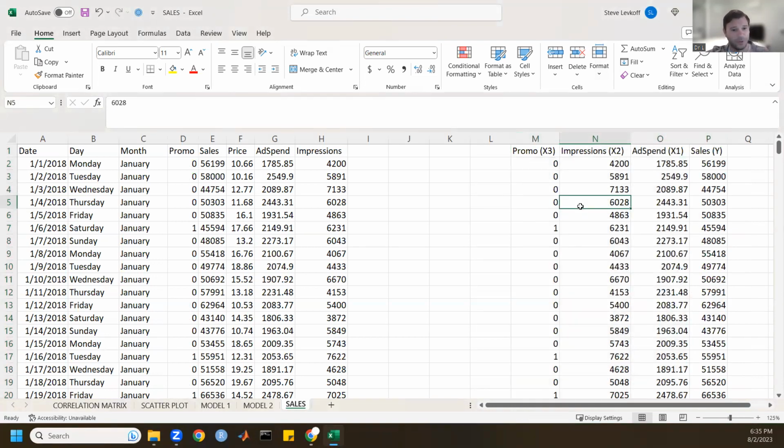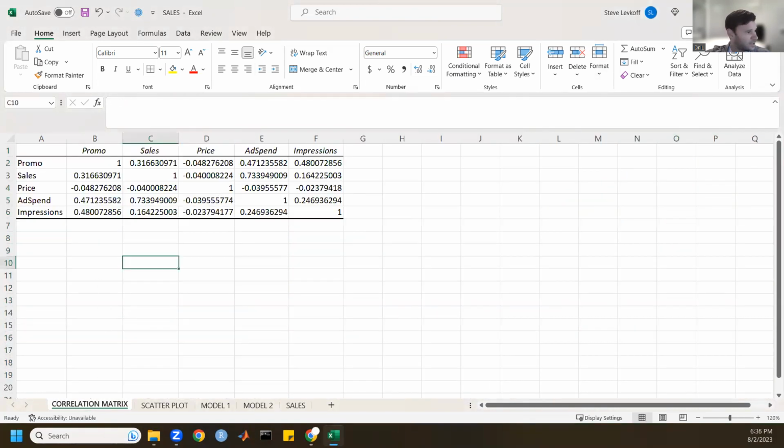Intuitively, you might think, oh, well, it was positively correlated with sales, right? Promotion and sales were positively correlated. So I might expect promotion to be driving sales. But we have to be a little careful in making this assertion here because promotion is also positively correlated with both ad spend and impressions, both of which are also included in the model.